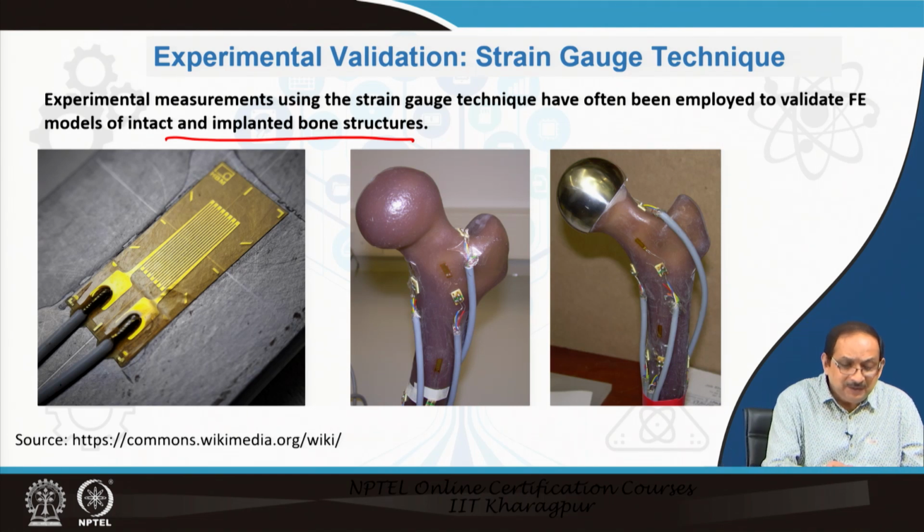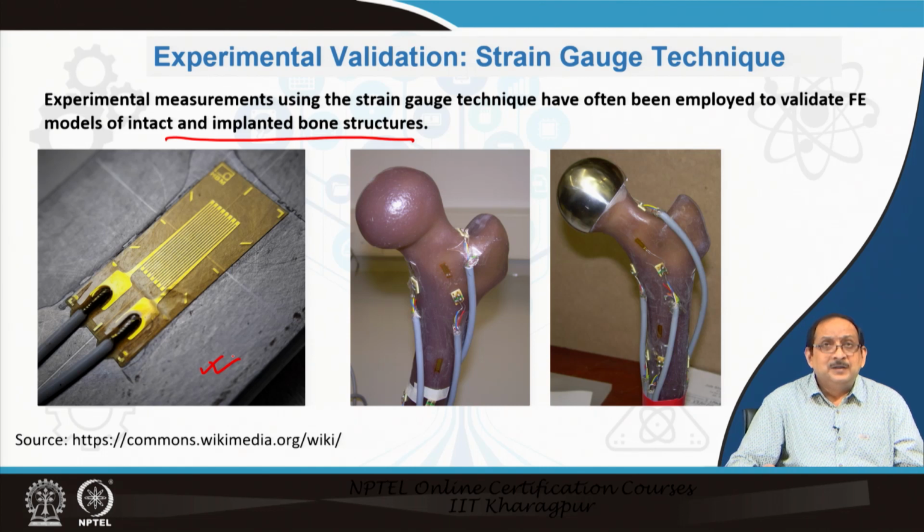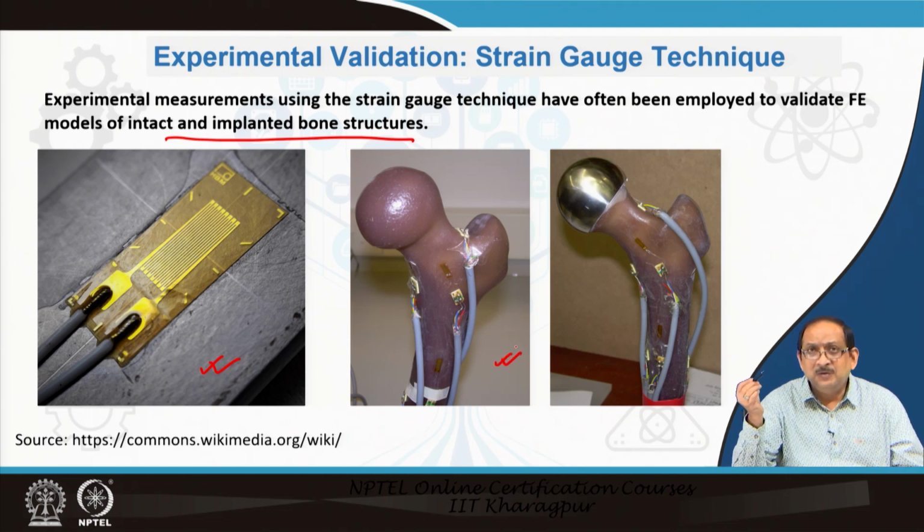As you can see in the slide, on the left we have a typical strain gauge that is generally glued on the surface of an intact model or an implanted model, as shown in the figure, and then we can measure the strains due to some applied load.